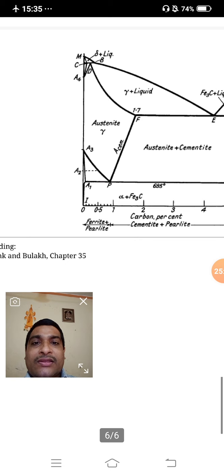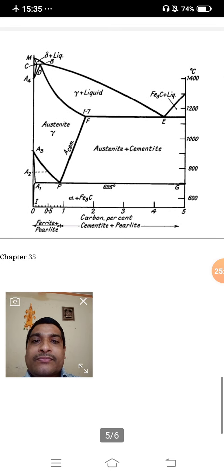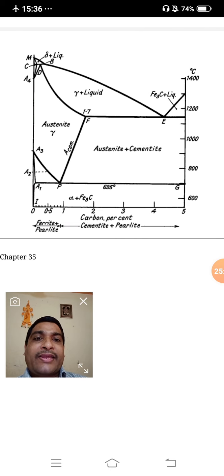You should see this diagram. This is ferrite plus perlite, then cementite plus perlite. The carbon percentage is from 0 to 5, and here the temperature is 600 to 1400 degrees Celsius. This is the liquidus curve, where there is Fe3C plus liquid, then gamma plus liquid.